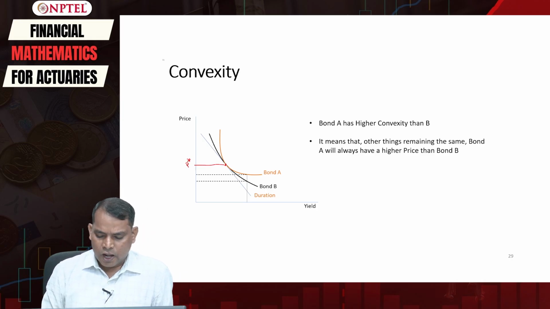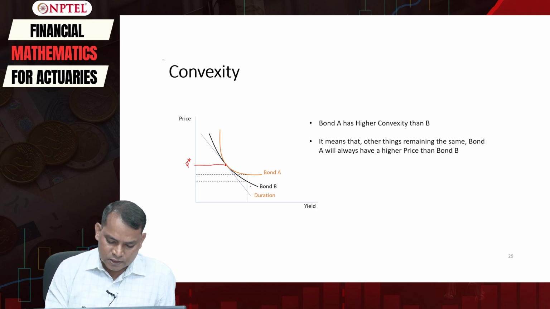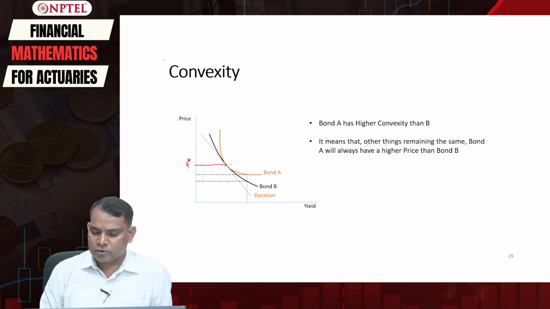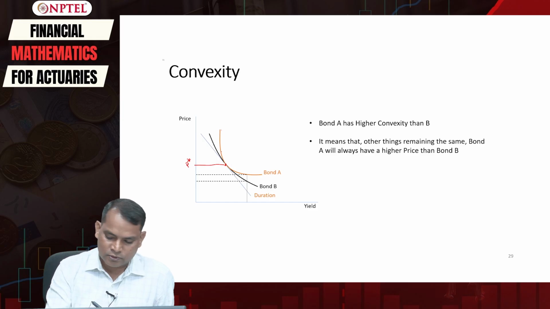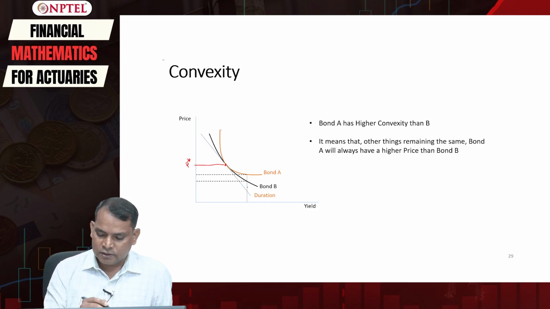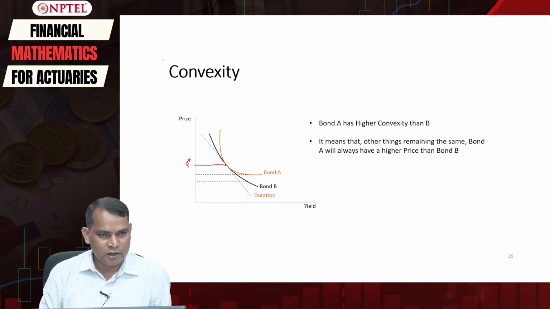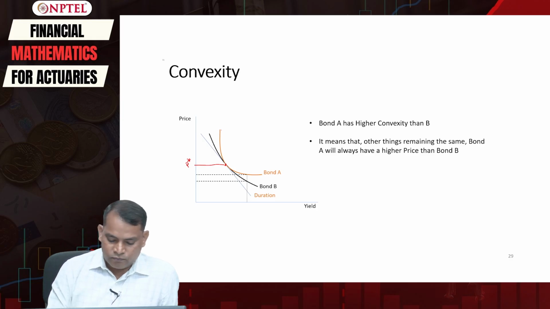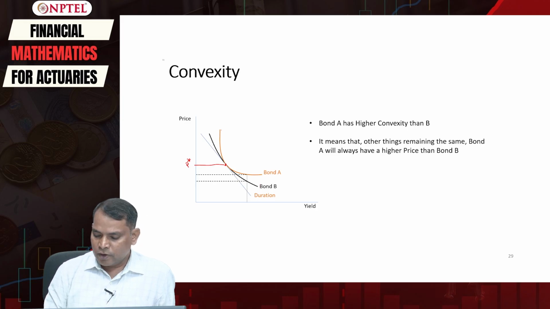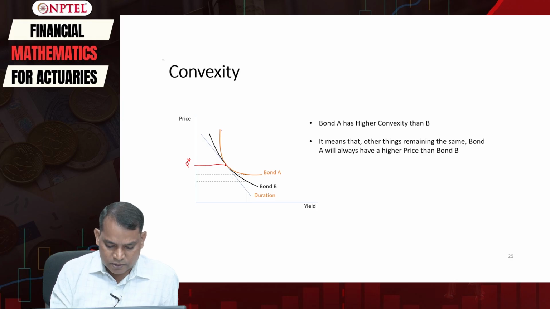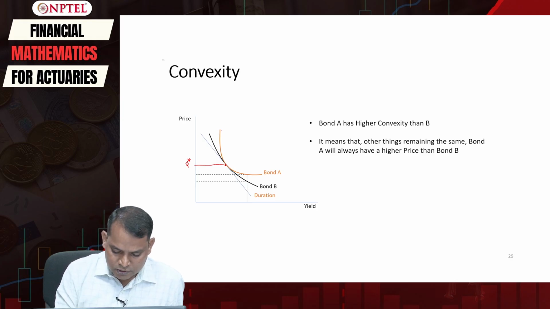Now we can see that bond A is more convex than bond B. This means that, other things remaining the same, bond A will always have a higher price than bond B. If bond A is more convex than bond B, then bond A will always have a higher price. We can just see here that the other things remain the same.